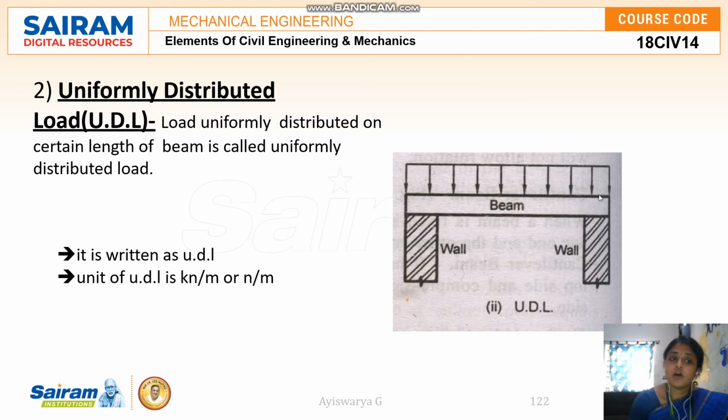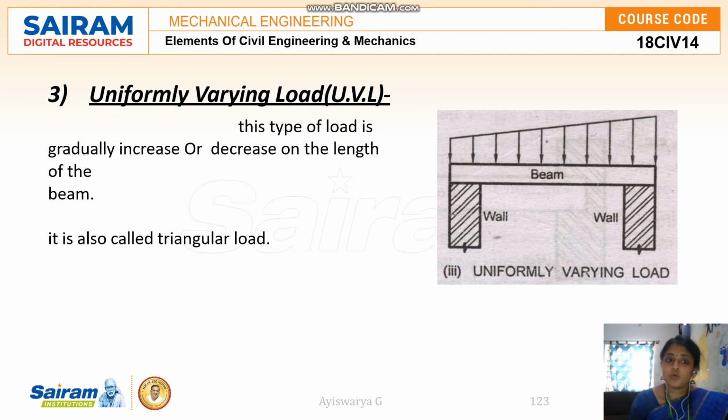Here the formula for calculating UDL is W into L. W means the weight of the loading per unit length, and L is the span up to which the loading is applied. You need to convert it into a single point load before solving the numerical. After converting it into a single concentrated load, you can solve the problem. And the next one is uniformly varying load.